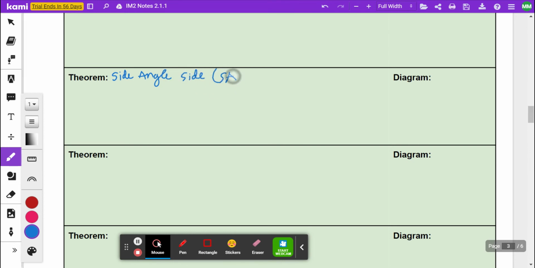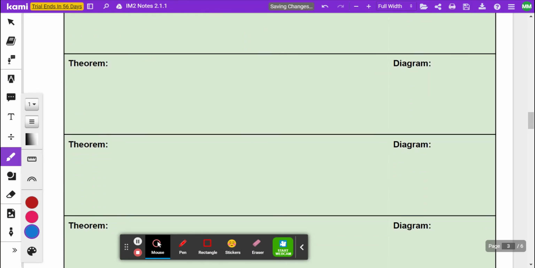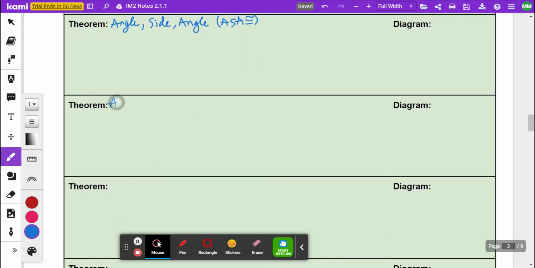That's SAS congruence. We have angle, side, angle, and that is angle side angle congruence.